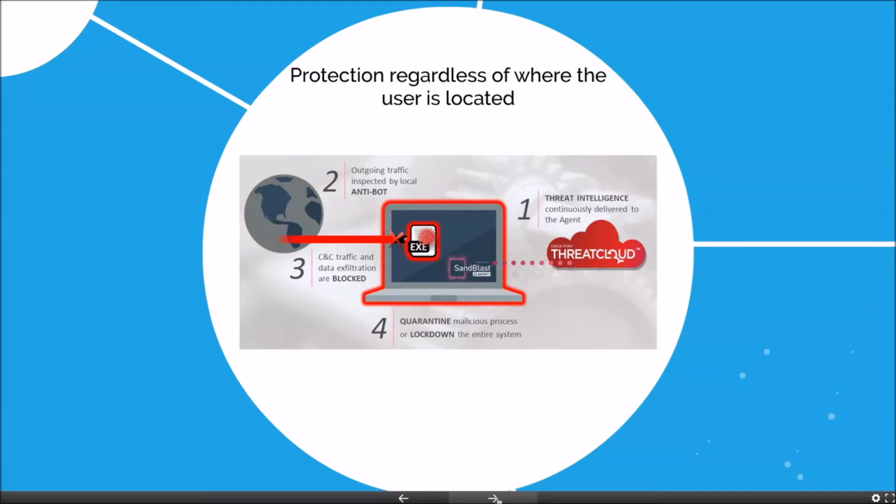However, you're not able to capture any of the files that are brought in through, say, a removable USB storage device, or if the user takes their laptop home and connects it to a home network. So Sandblast Agent is inspecting that traffic regardless of the mechanism in which it's making its way onto the endpoint itself.